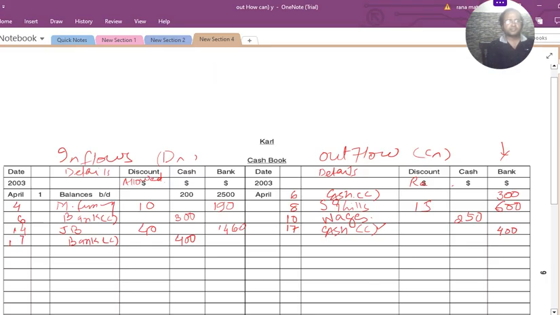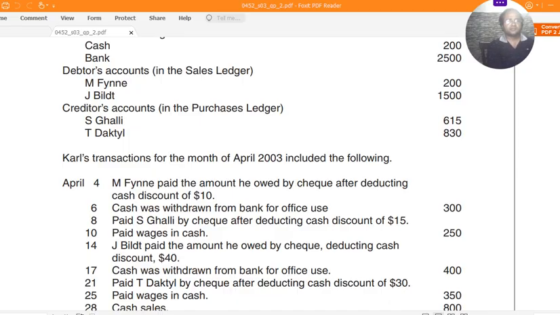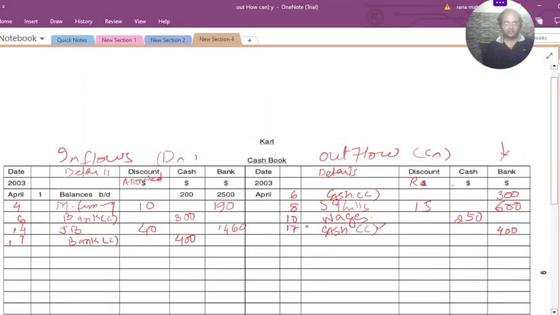The date is 21. You are paying by check, which means your assets decrease, bank decreases, with a discount of 30, and the $800 you have to pay through check.